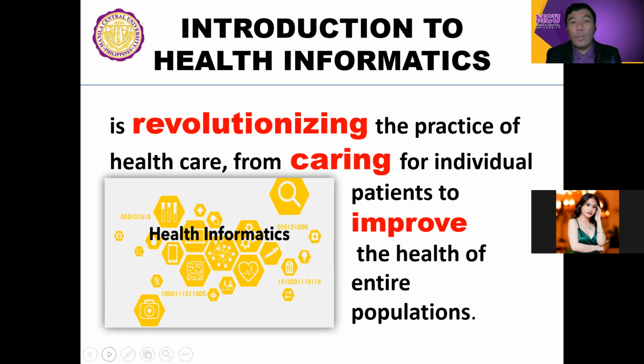Now, if we combine revolutionizing and improvement together, there is transformation, there will be improvement, but what will be our indicator to measure that we have attained our goal or objective when it comes to the healthcare system?